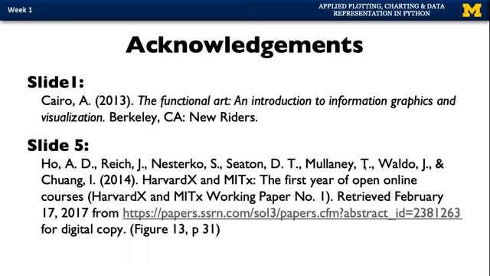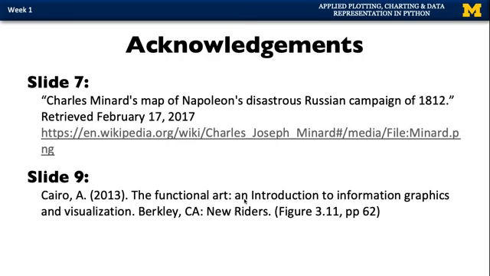In slide 1, we were using an image that was taken from this book. In slide 5, there was an image we have taken from this paper. You can read this paper, it's an interesting paper. This is another chart that we use in slide number 7.